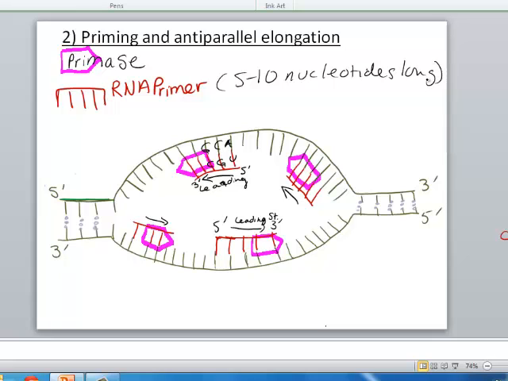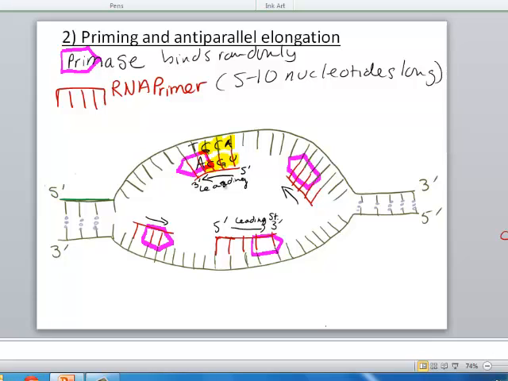The primase binds randomly in the open replication bubble to the single-stranded DNA, and it reads what DNA is in the single strand. If there is an A, it's going to add a U nucleotide. If there's a C, it'll add a G. If there's a G, it'll add a C, etc. So let's say there's a T here. What's it going to add? It's going to add an A.